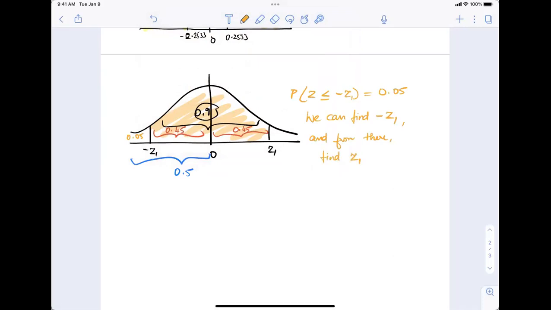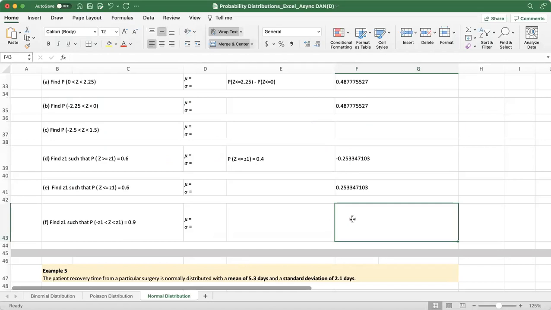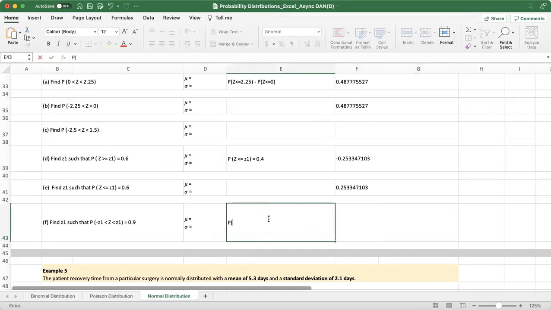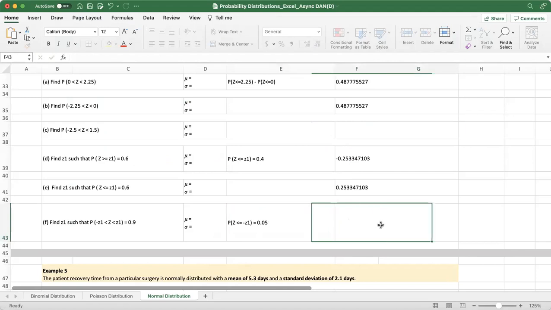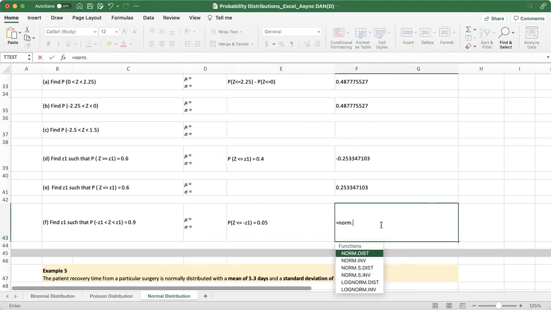Now let's try that in our Excel sheet. So we want to find Z1 such that the probability of Z being lesser than or equal to minus Z1 is equal to 0.05. This is norm.inv 0.05.